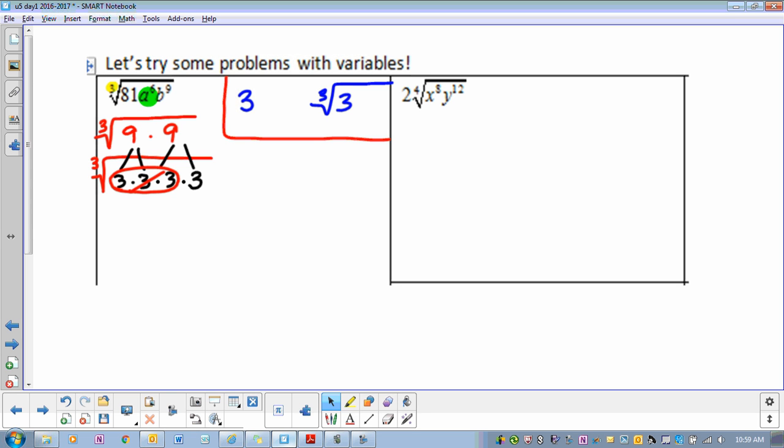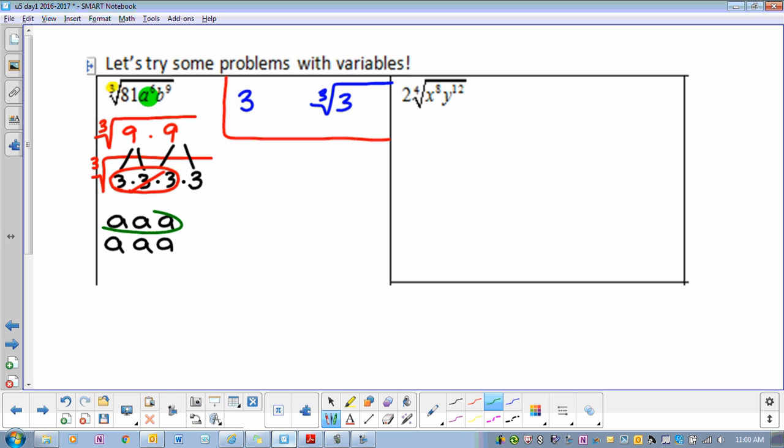All right, so we're done with the number. Now I'm going to look at my A's. So inside, guys, how many A's do I have? A to the what power? 6. Well, that means I have 6 A's. 1, 2, 3, 4, 5, 6. How many do I need in a group to come out? 3.